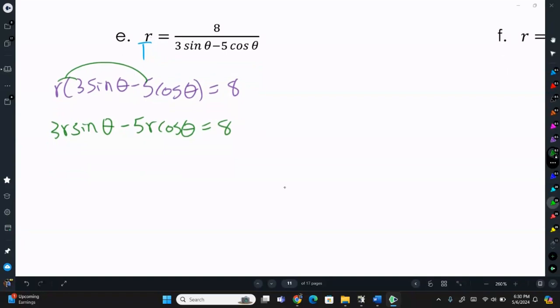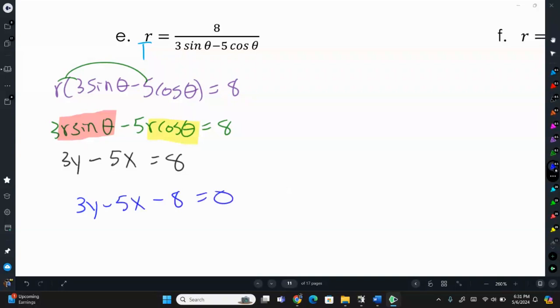Well, again, r sine theta is equal to y. So we have 3y minus, oops, I didn't want to highlight the 5. Our cosine is x, so minus 5x equals 8. And then we subtract 8 from both sides, and we get 3y minus 5x minus 8 equals 0.